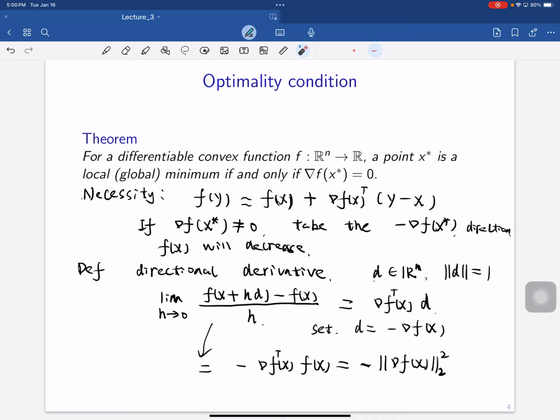Suppose the gradient direction is here, and you want the steepest descent, you will always go in the negative gradient direction. If you pick an arbitrary direction d, it is not the steepest descent direction, because remember when you calculate the dot product, it's the vector magnitude times cosine theta.